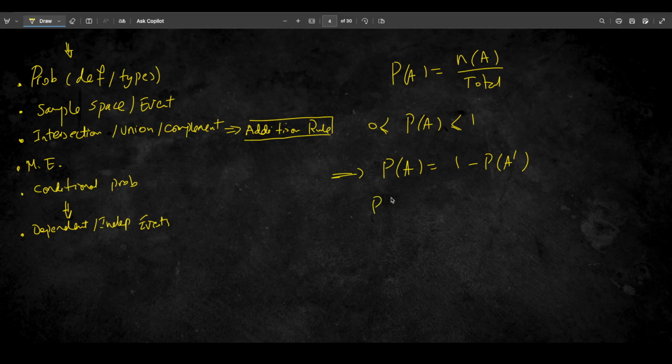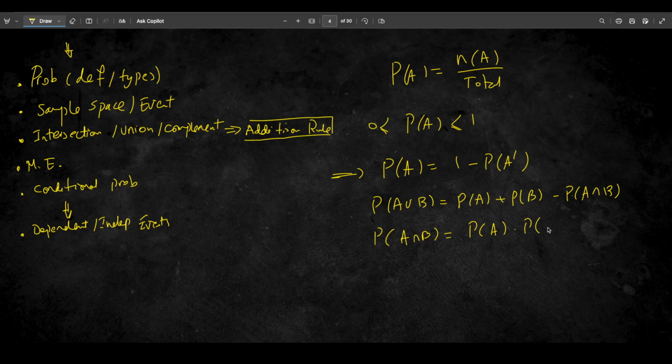We know the addition rule, which is probability of A or B equals probability of A plus probability of B minus probability of A and B. We know also the multiplication rule, which is probability of A and B equals probability of A times probability of B given A. Or you can also write probability of B times probability of A given B.